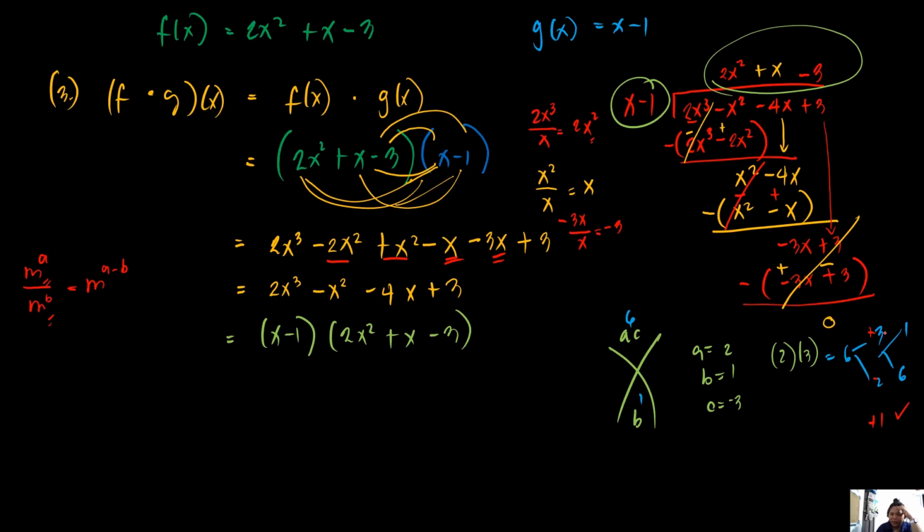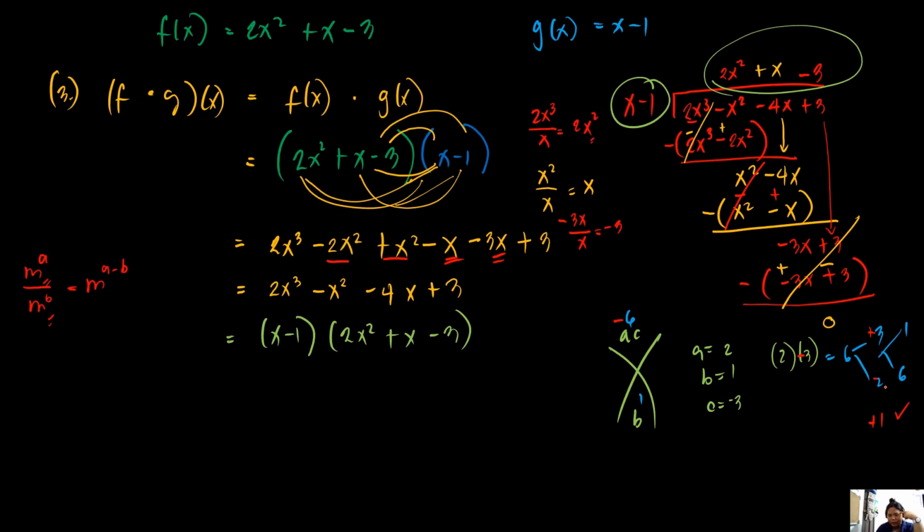So, positive 3 times negative 2, the answer is... okay, I know where we went wrong. Our C is negative, so it should be 2 times negative 3. So our AC is negative 6.